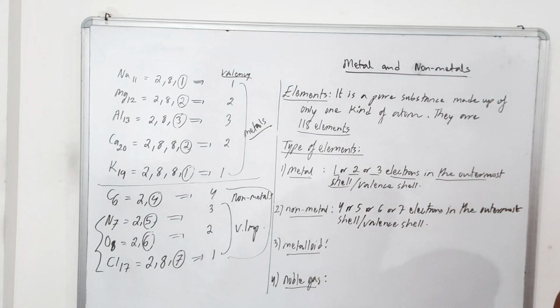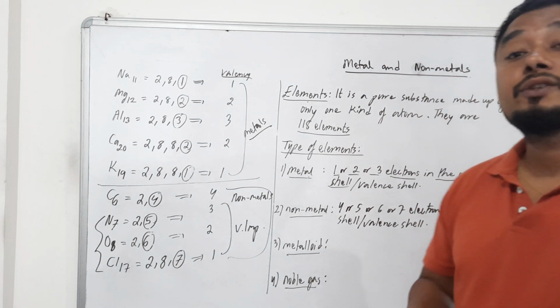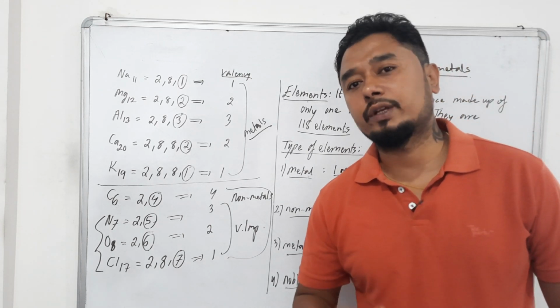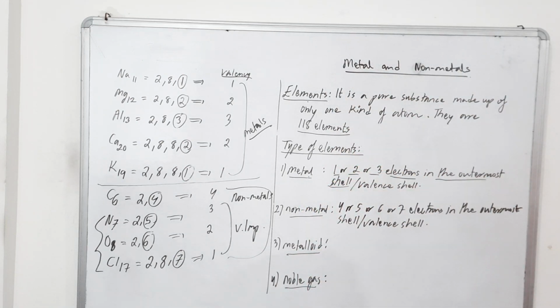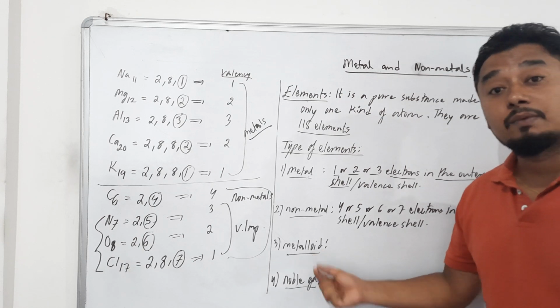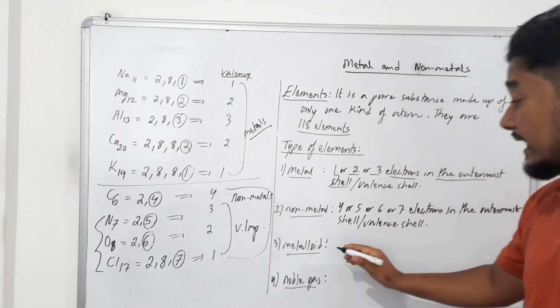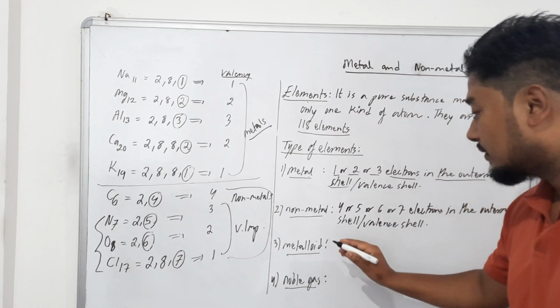Now what is metalloid? Metalloid we cannot isolate with the help of electronic configuration. Do remember, metalloid we cannot differentiate with the help of electronic configuration. So directly we say like this then. What is metalloid?